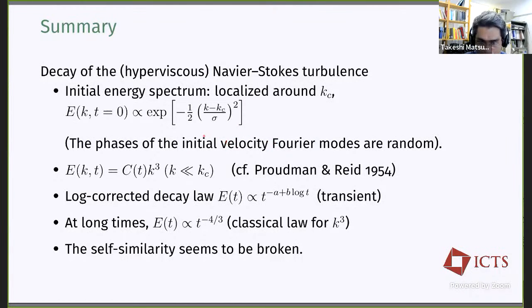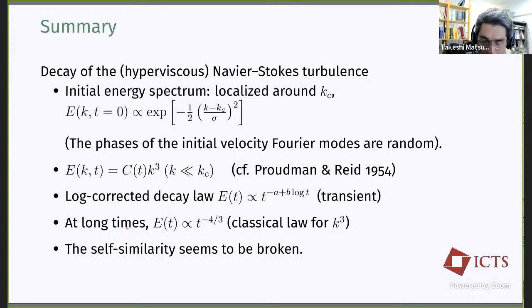We start with this strange initial condition, then the subsequent evolution for the short time is something like this. The constant depends on time, and the wave number dependence is k-third. And this k-third is understood with the classical Gaussian closure. And the total energy behaves as not a pure power law, but with some correction. In this talk, I fit the correction with this kind of logarithmic functional form. This is transient.